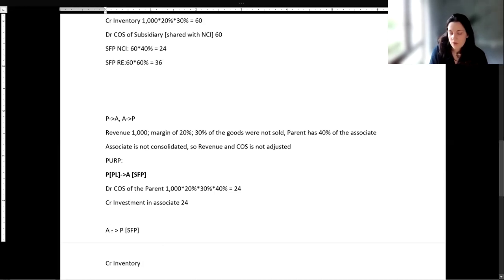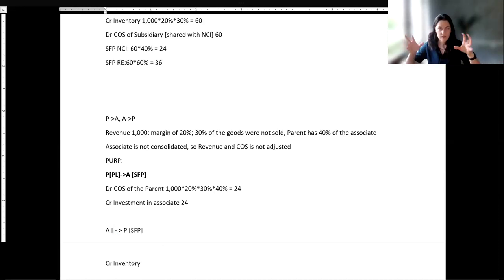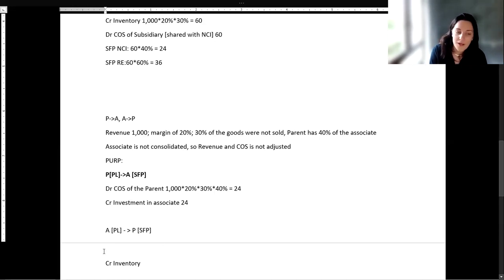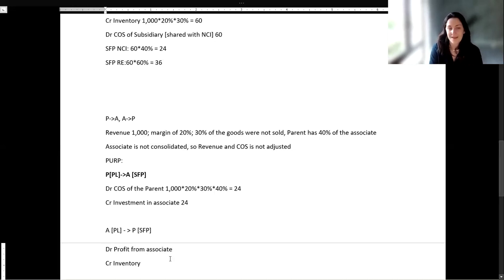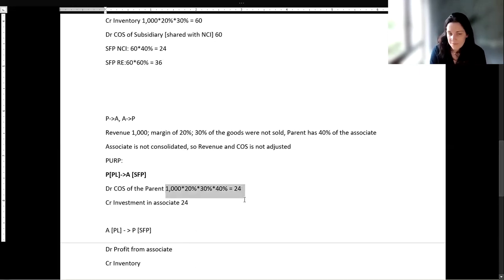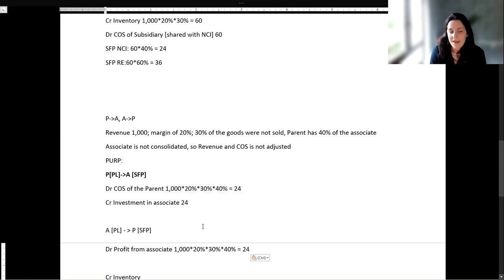But associate is going to record P&L, but we do not consolidate revenue and cost of sales and the rest for the associate. Instead, we have just one line, which is profit from an associate. So instead, debit is going to have profit from associate. And the calculation is going to be absolutely the same. So the number is going to be the same. The difference lies only with where to account for it.